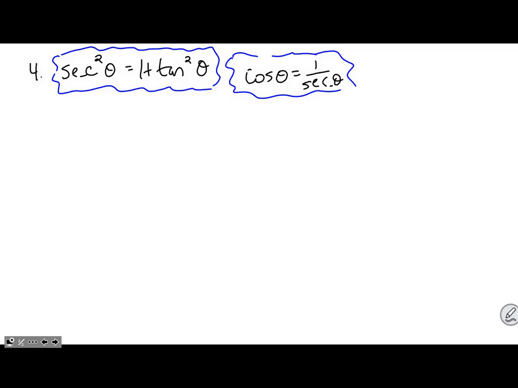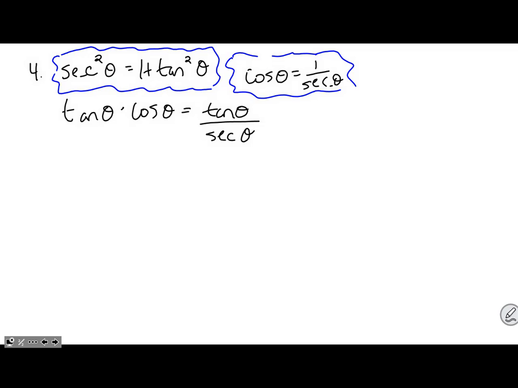Now I'm getting somewhere. So I can rewrite tangent of theta times cosine of theta as tangent of theta over secant theta.